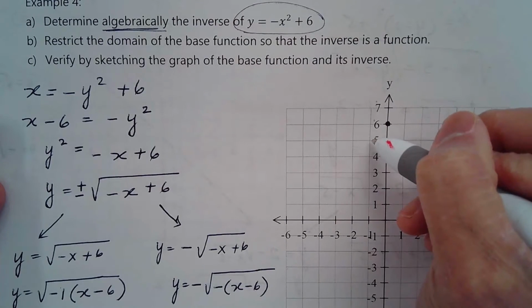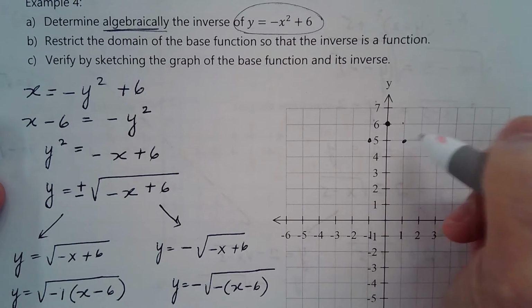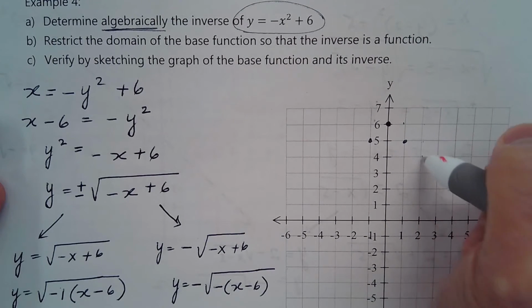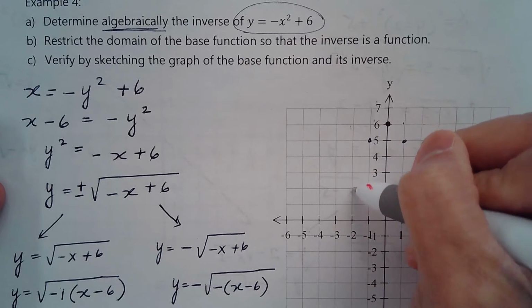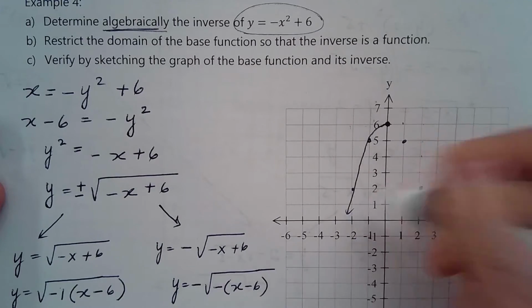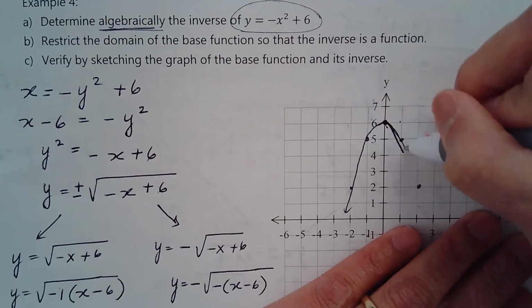So what would that look like? 1, 1, 2, 4, and then 2, 4. So the graph looks like this part.